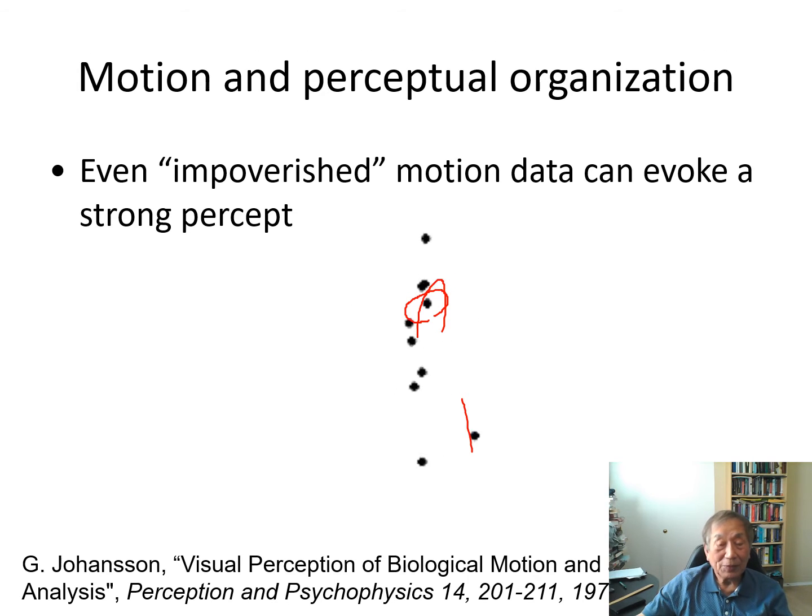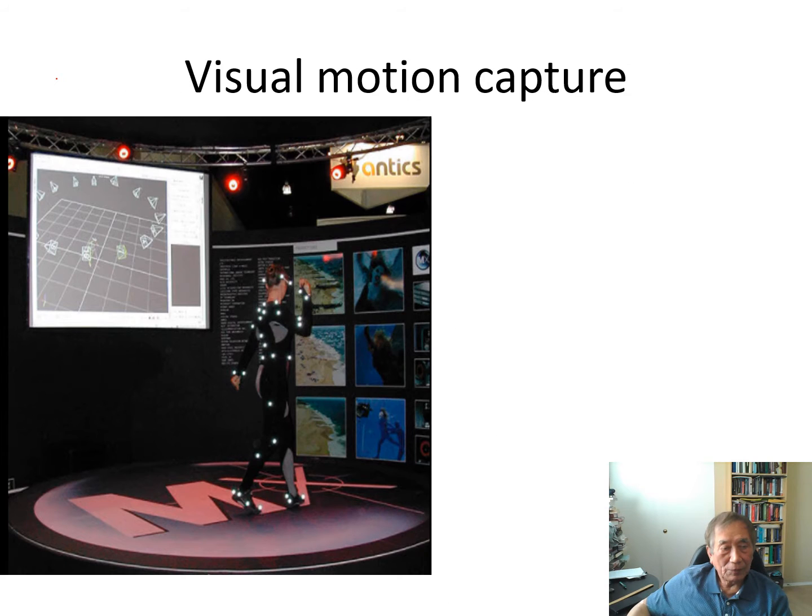So this one is a thing called motion capture. So this one is a visual motion. There is a technique called motion capture, used very extensively in movie making or in sports medicine, to study how people are moving. For a human body, you put a few white markers.